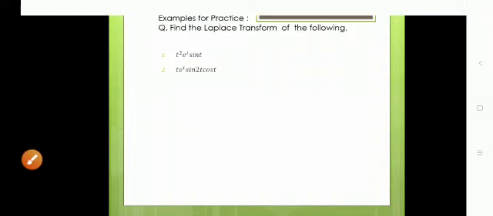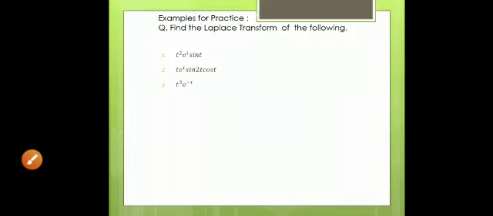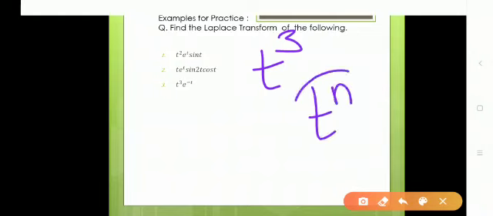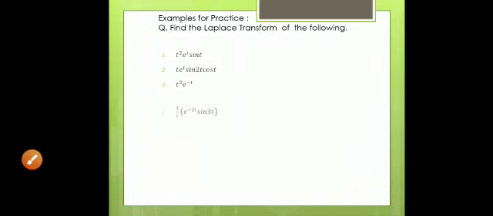In the third example, first you find the Laplace transform of t cube using the Laplace transform of t raised to n form with n equal to 3, and then just apply e raised to minus t, that is the first shifting property, with a equal to 1. The next example, 1 by t e raised to minus 2t sin 3t.